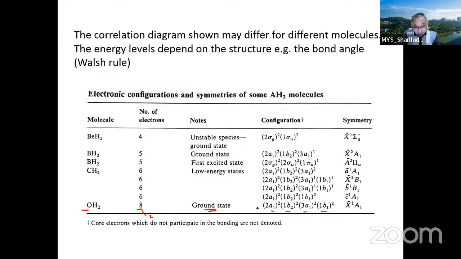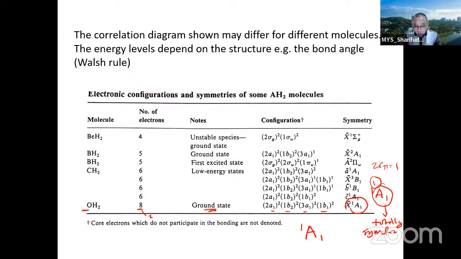So if all of them are paired like this, that means the state you have is 1A1. A1 comes from the character table, which is totally symmetric, where everything is 1, 1, 1, 1. And the 1 there is the multiplicity, because everything is paired up. So 2S plus 1 equals 1. So the symbol for the ground state of the water molecule is 1A1.